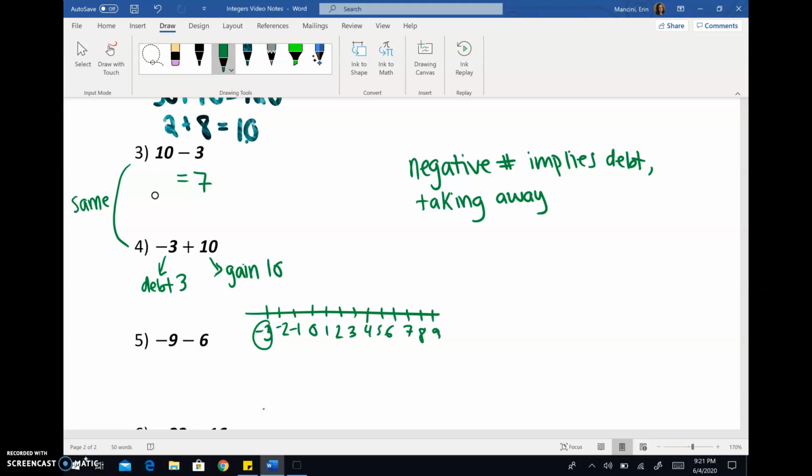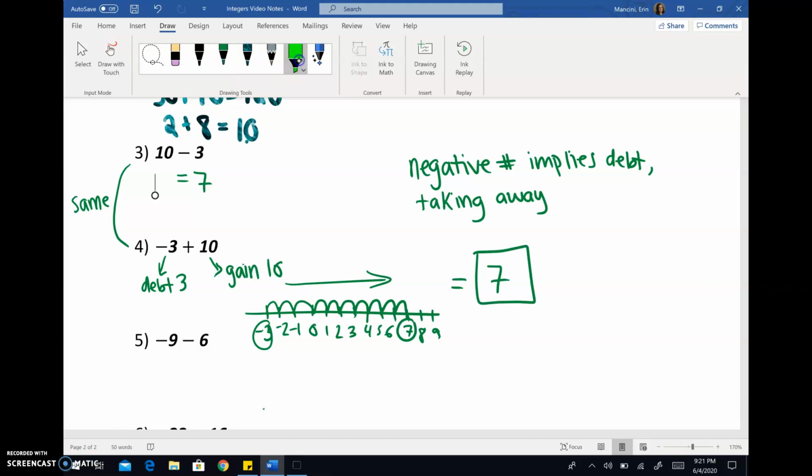So if I started in debt 3, but then I gained $10, I'm going to the right, and I'm going to the right 10. 1, 2, 3, 4, 5, 6, 7, 8, 9, 10. And I'm at 7 now. Okay, so -3, and then you gain 10. You're now out of debt. You have positive $7 if you want to think about it, or -3 plus 10 is 7.